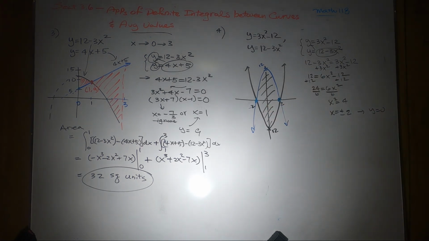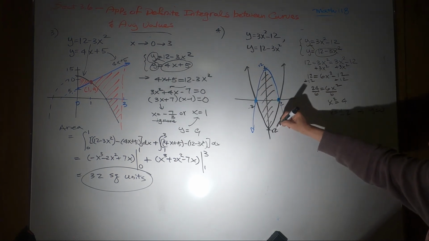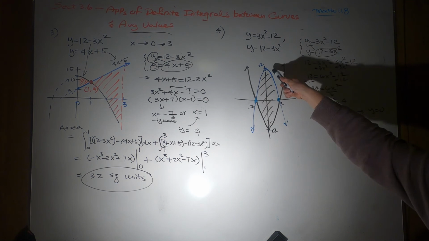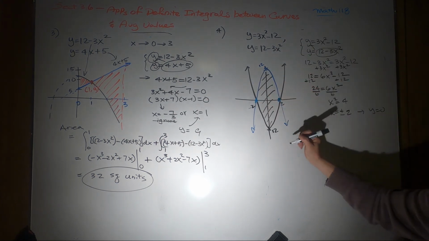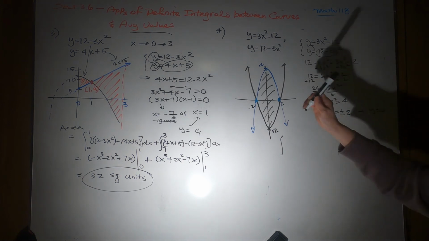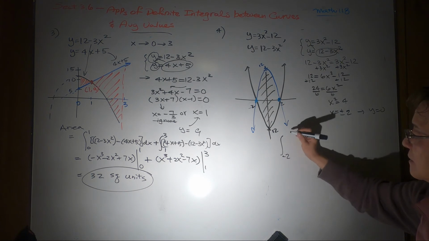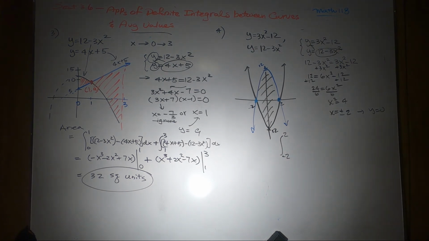Then the question was, find the area bounded by these two. So we use the blue one minus the black one, because the blue one is bigger, is positive value. For the definite integral bounded by those two numbers, you have to specify from the lower end to the higher end.